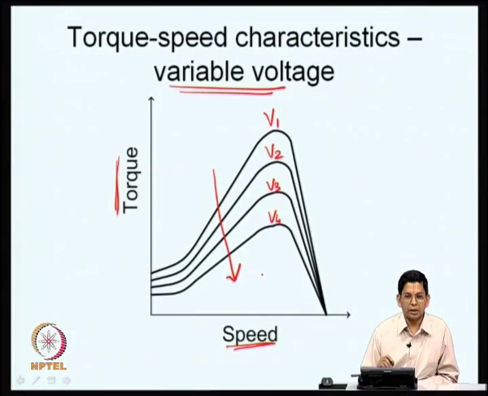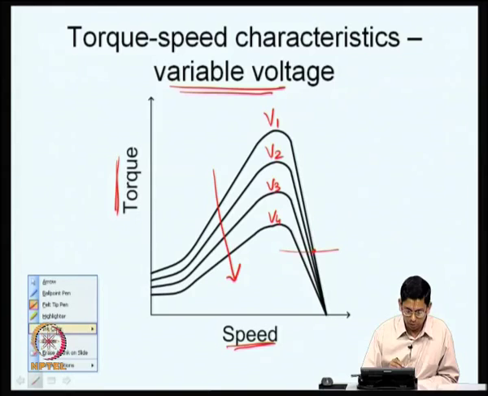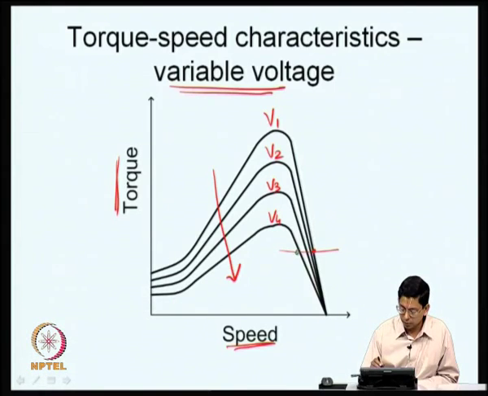This is where the characteristic changes now. So, if you consider a particular torque speed characteristic, let us say you have a load torque like this. This is your load torque characteristic. When you have applied a voltage V1, you have the motor operating at this point like this. When you reduce the voltage, it will come down to another point like this.